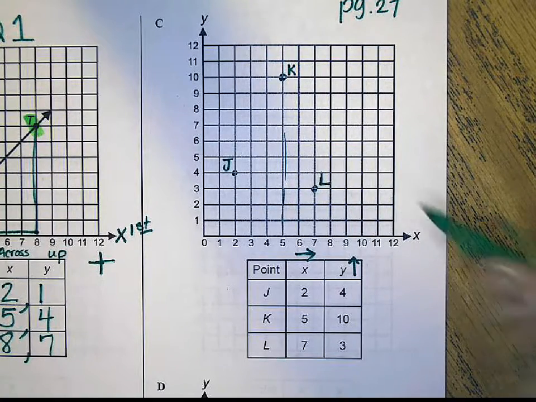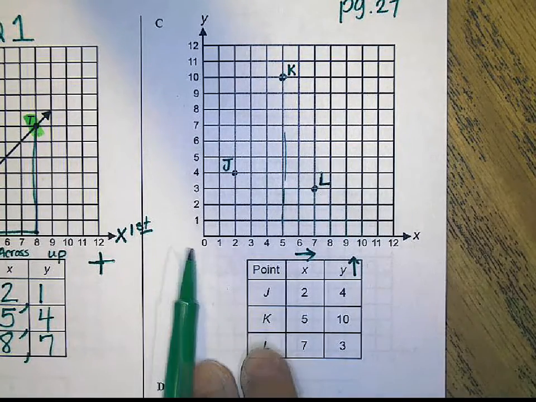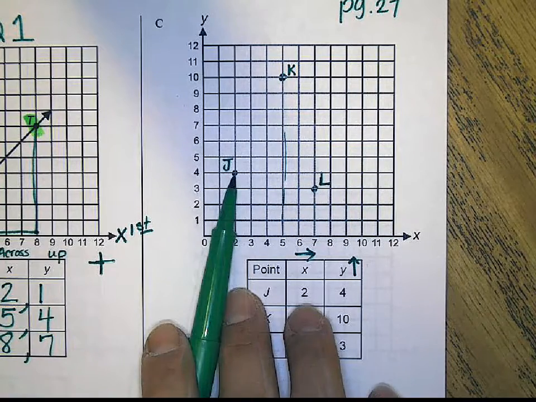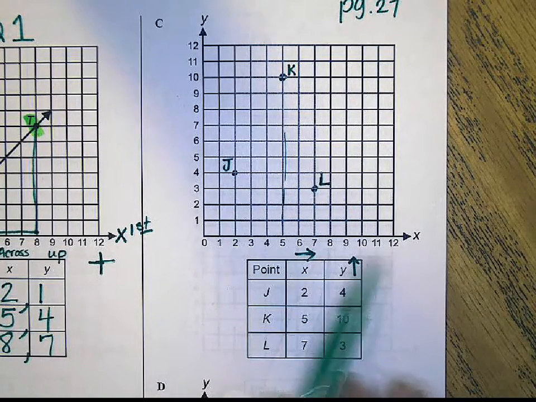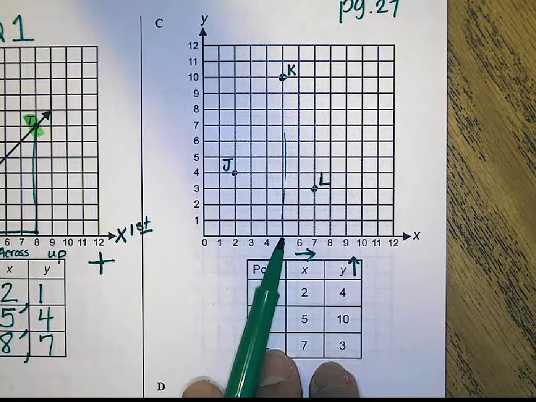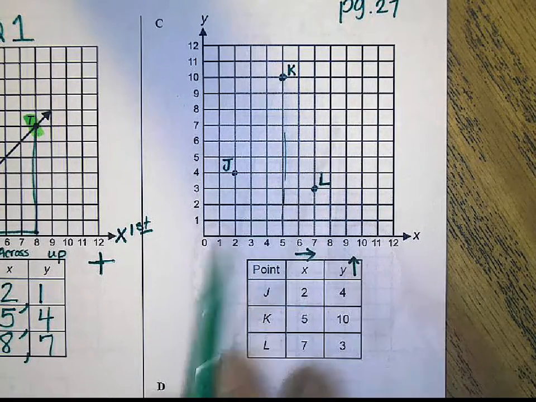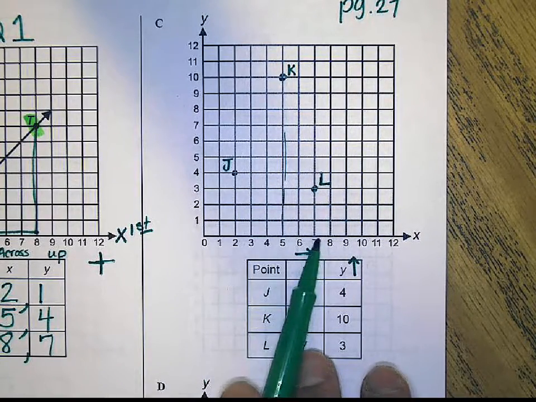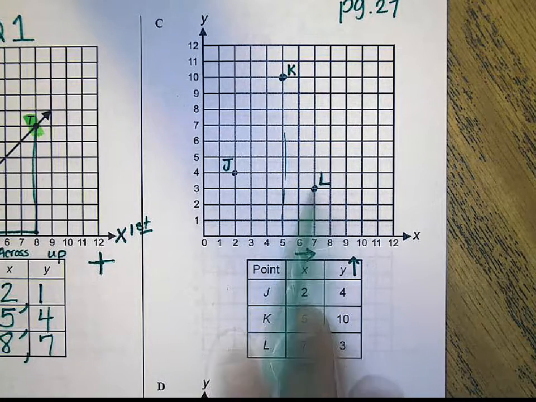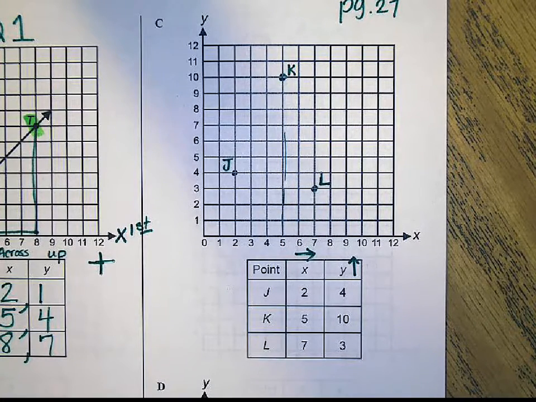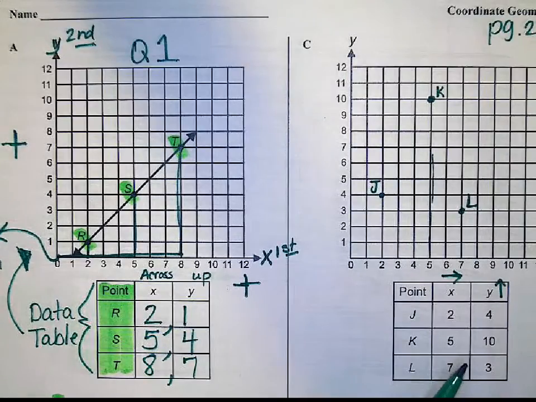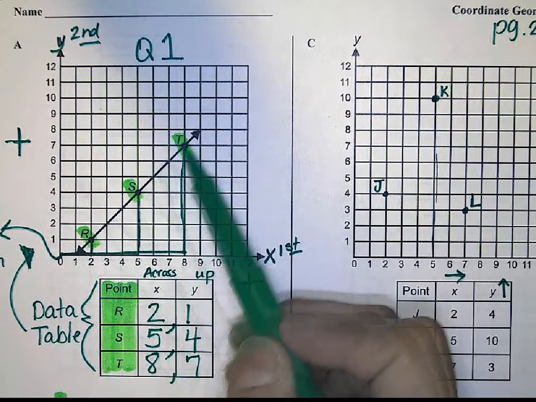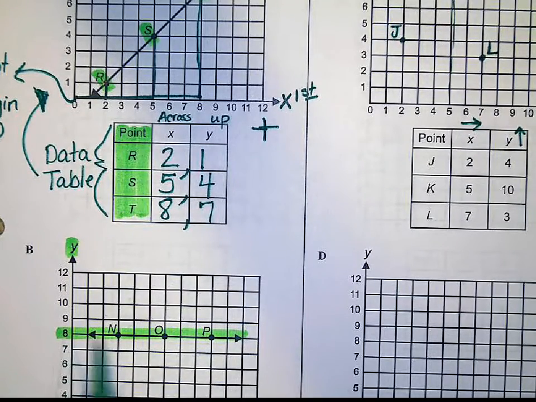Okay, I've gone ahead and plotted my points. I plotted my J at 2 and then up 4. I plotted my K at 5 over and 10 up. And then I plotted my L at 7 over 3 up. Now, if I connect these, notice on letter A you had a steady line going up, and on letter B you had a steady line going across.